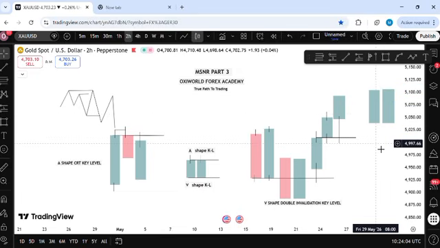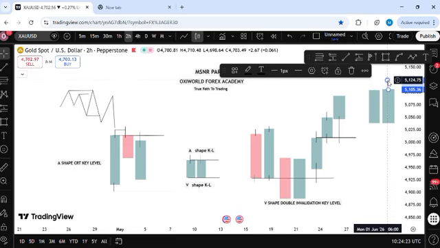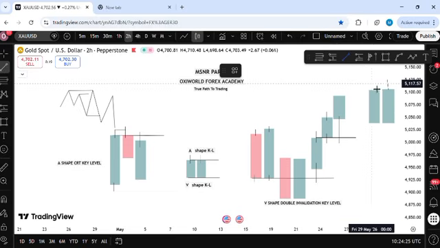Alright, now CRT simply means candle range theory. It tells you how a candle forms and how it takes out the external high, the external range liquidity, and the other liquidity, which is the opposite liquidity below. For example, we have a candle here and we have another one here.